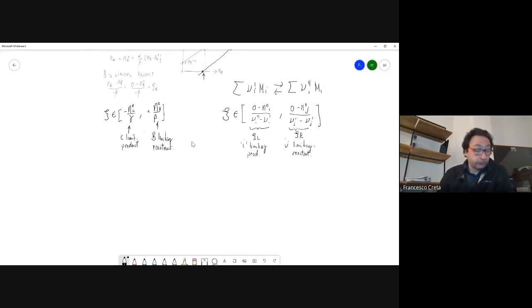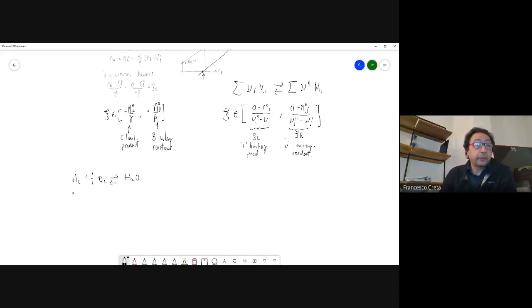I can give you, for example, some exercises. I won't spend too much time on these, but if you have a reaction between hydrogen and oxygen, I'm giving you the stoichiometry clearly.